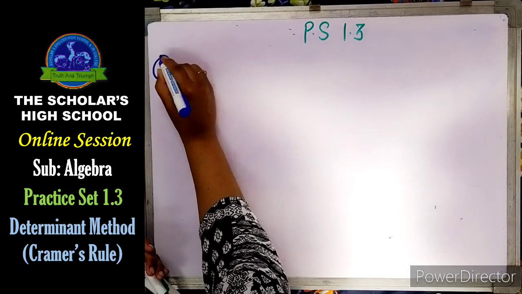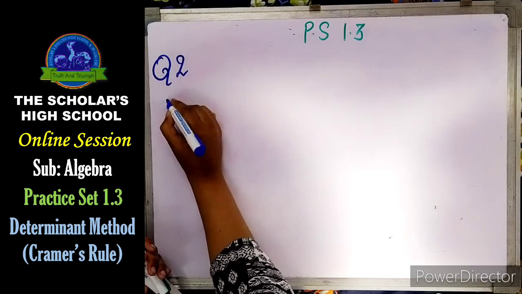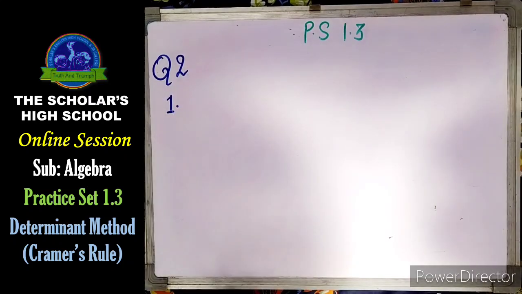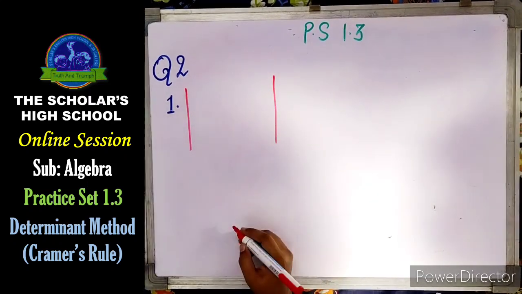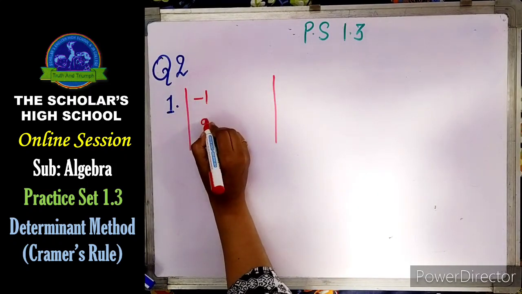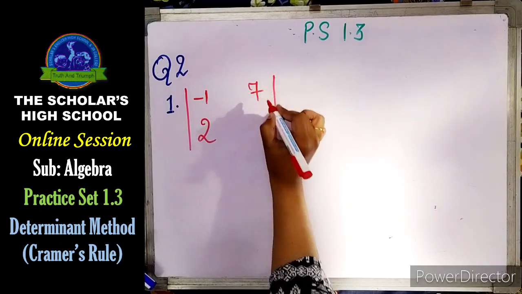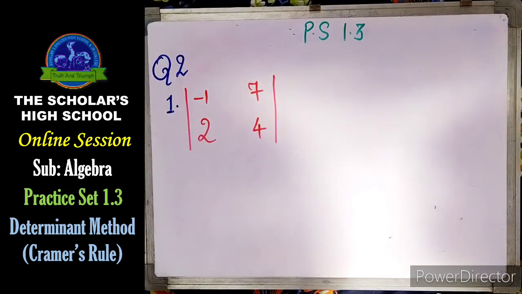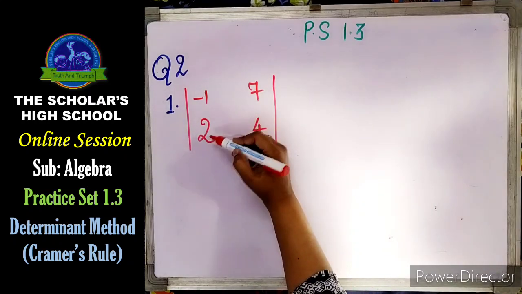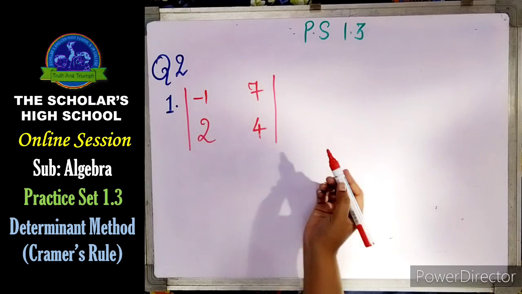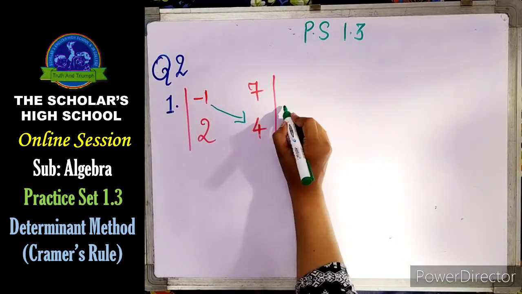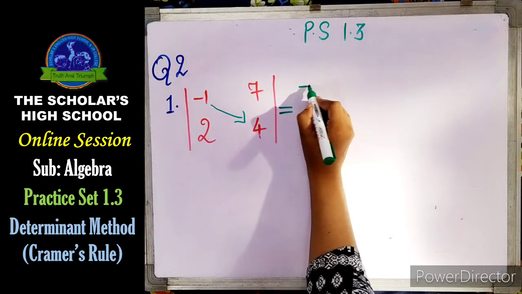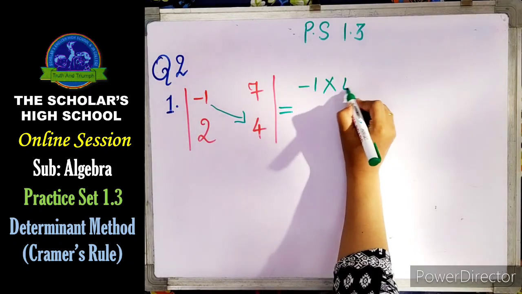Question number 2, first one, the rows are -1, 2 and 7, 4. I am repeating the rows and columns so that you will understand. This is a column and these are rows. So you know how to multiply it. You will write it is equal to -1 multiplied by 4.